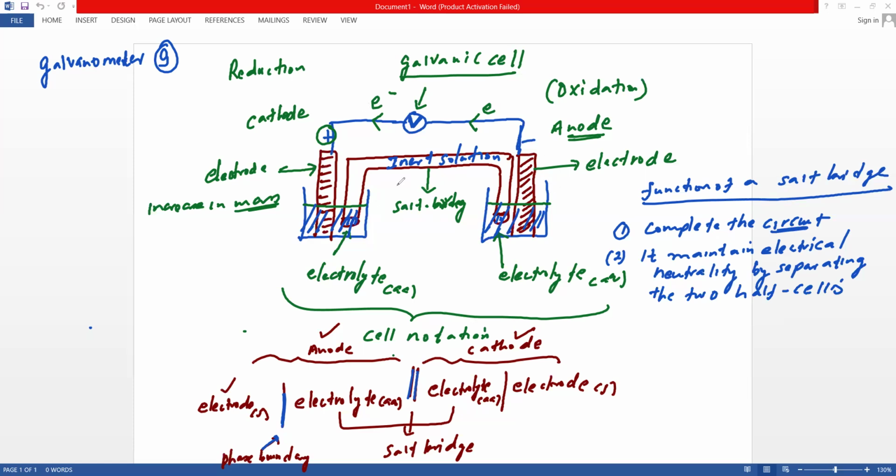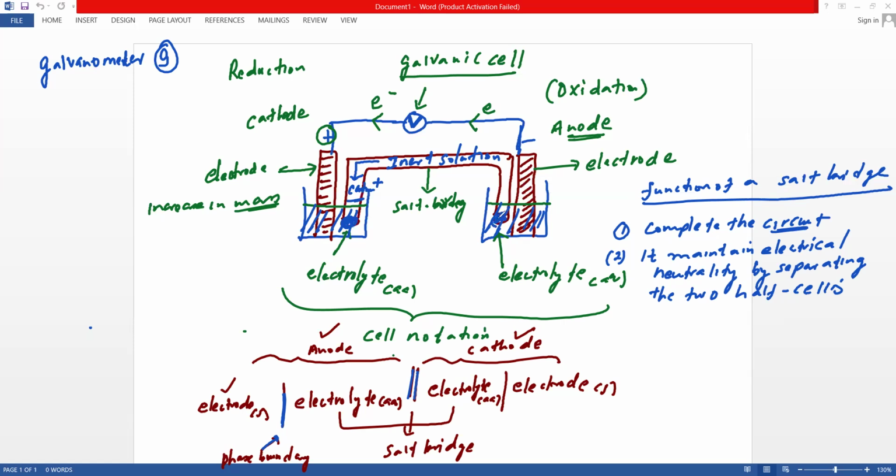So the salt bridge has a solution whereby the positive ion of that solution will go to the cathode compartment. So a cation, or a positive ion, will flow to the cathode side, and a negative ion will go to the anode.